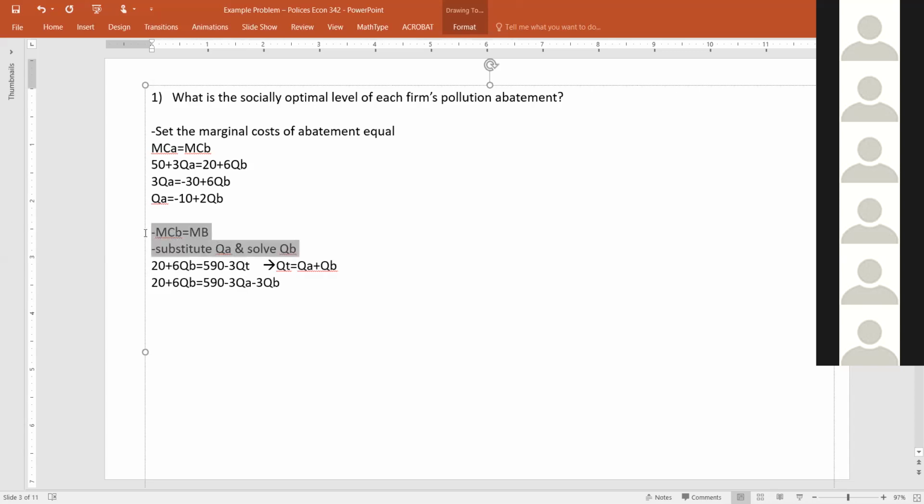We set the marginal cost for firm B equal to the marginal benefit. But we also know a little bit about QA, which is QA equals minus 10 plus QB. And we know that the marginal benefit is for society as a whole. Does that answer your question?